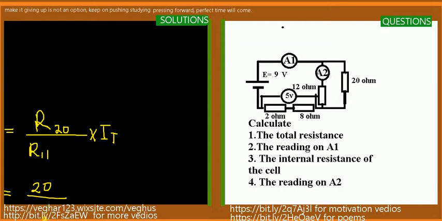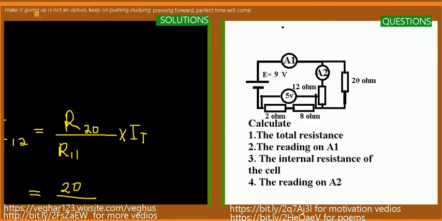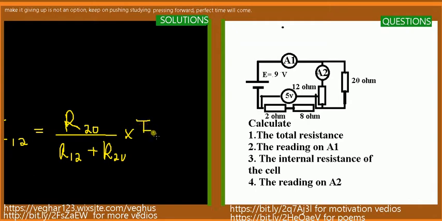So we have something like R12 plus R20 multiplied by I total.